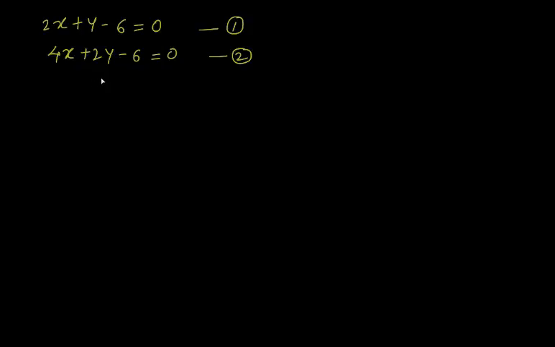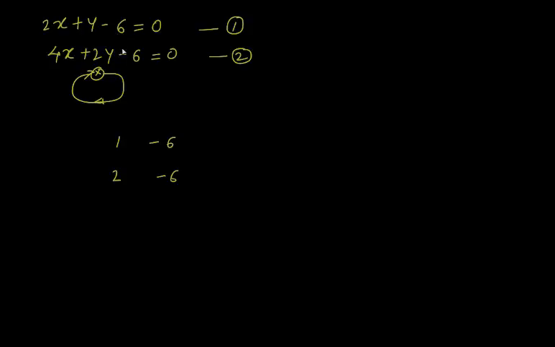Now what we have to do is write down the coefficients of the equations first. We'll begin with y and write down the coefficients going clockwise. So the coefficients of y are 1 and 2. Then the constant term has coefficients minus 6, minus 6.